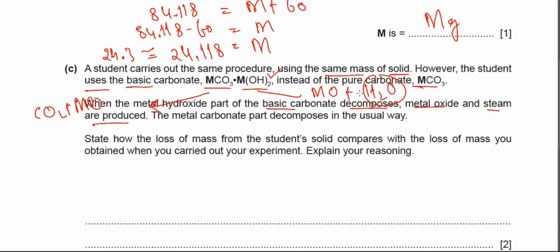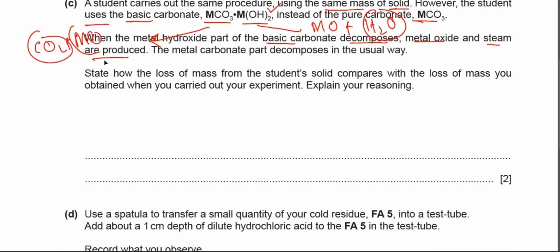As you know, the molecular mass of water is less than the molecular mass of carbon dioxide. So we can expect that this time a smaller decrease in mass will be observed, because the mass of water released is less, and we are using the impure form. In this case, what the examiner is demanding is: state how the loss of mass from the student's solid compares with the loss of mass you obtained.